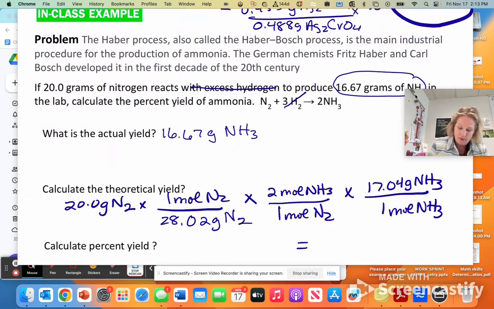So then you can see, again, this is just stoichiometry. So my grams cancel, my other moles cancel, and I'm left with grams of ammonia. And then on my calculator, I'm going to calculate this, so when I calculate it, I get 24.3 grams of ammonia. So that's my theoretical amount.